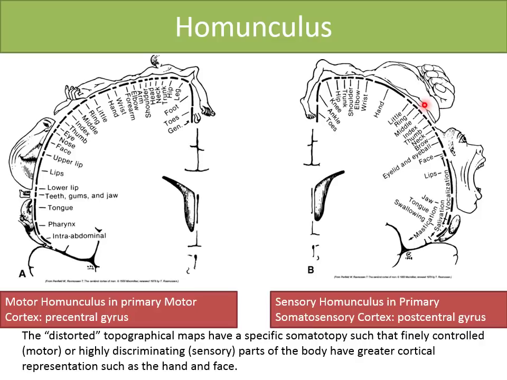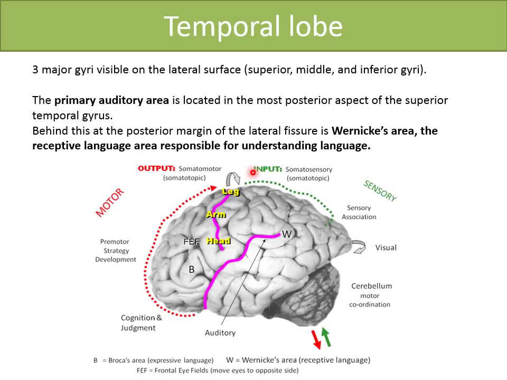That means that we have much finer resolution of touch in the fingers and the face, and we have much finer movement of the lips and the tongue and of the fingers than we do other parts of the body. You can see the trunk has a very small representation, so that you don't have very fine control of muscles in those regions, and the same in the leg. So the amount of tissue devoted to each function is reflected in these homunculi.